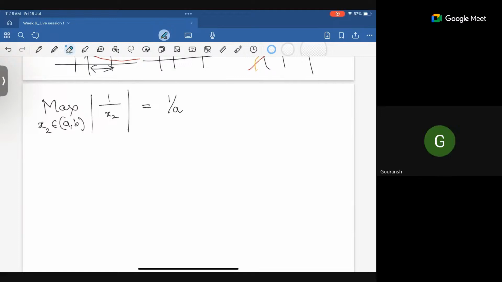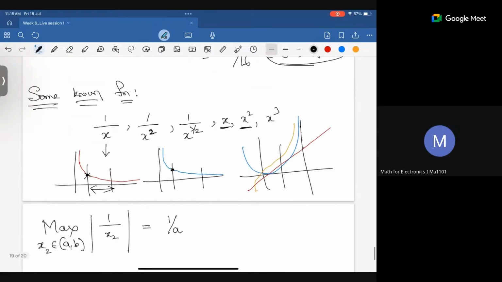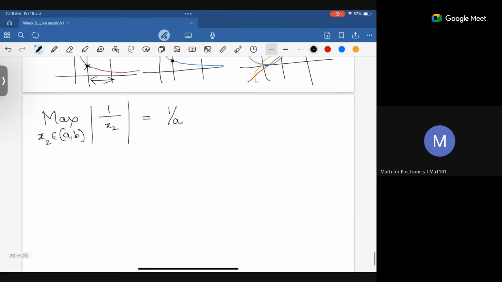Okay, sir, I got it now. And for functions like x square and x cube, it will be the other way around. Look at the interval. x square will grow, x cube will grow, x also will grow. So look at the interval. If you have max of x2 belonging to some interval a comma b of x square, this will be equal to b square.